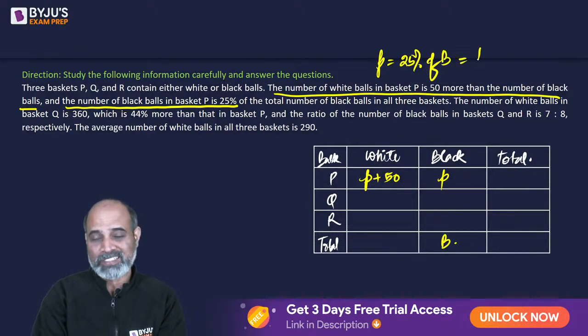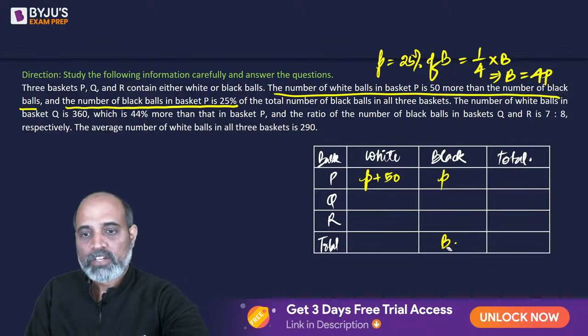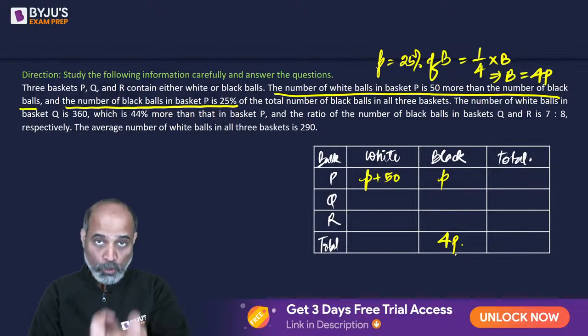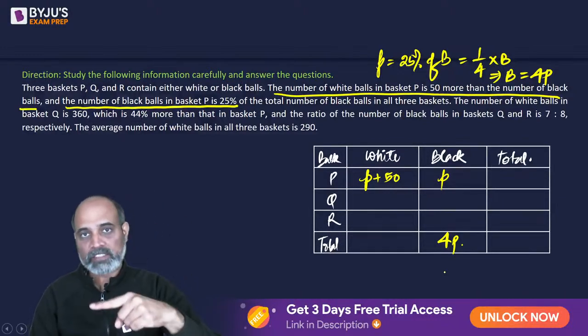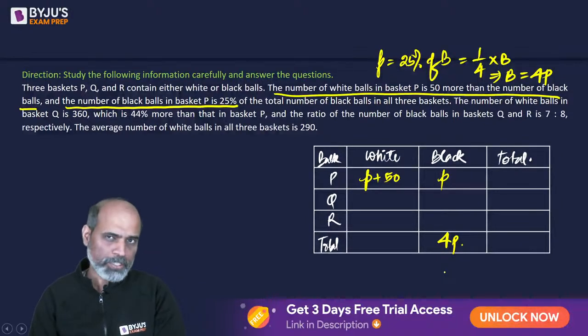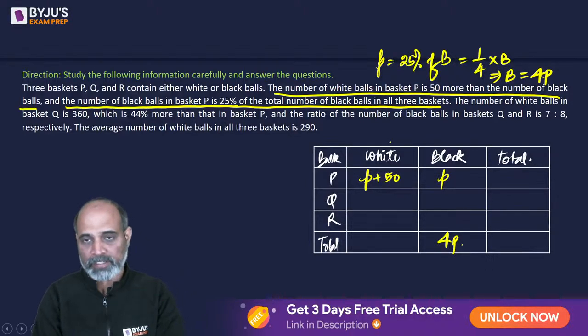Now 25% is nothing but 1 by 4. So this gives us that the black balls overall is going to be 4P if I cross multiply. So this part is going to be 4P. So if total black balls in all the 3 baskets together is 4P, the number of black balls in basket P is 1/4 or 25% of that, right?